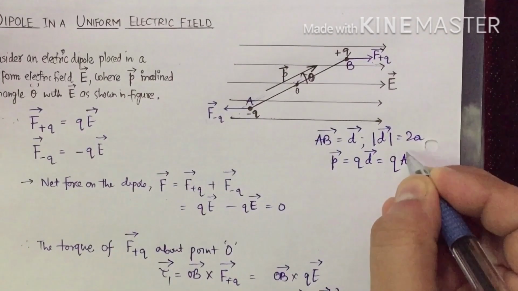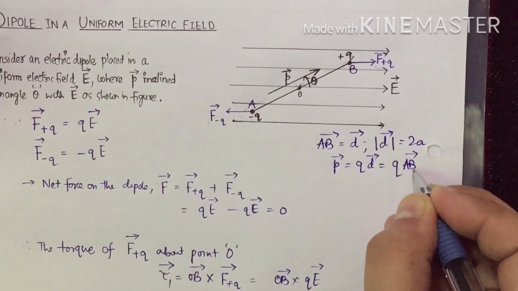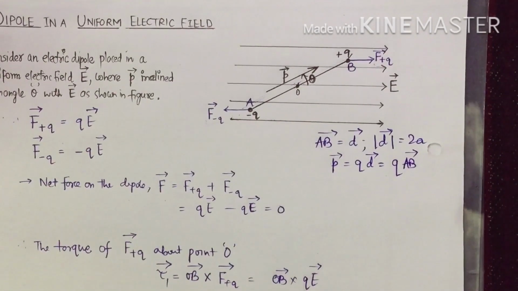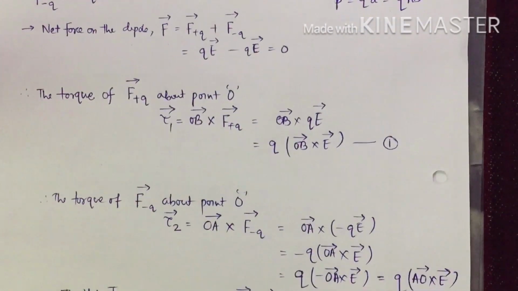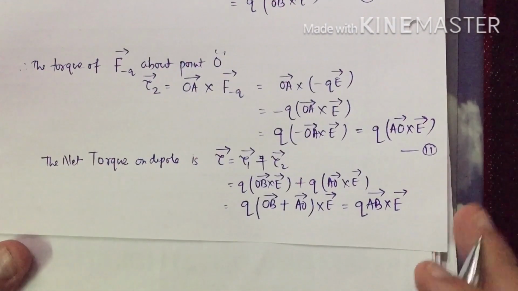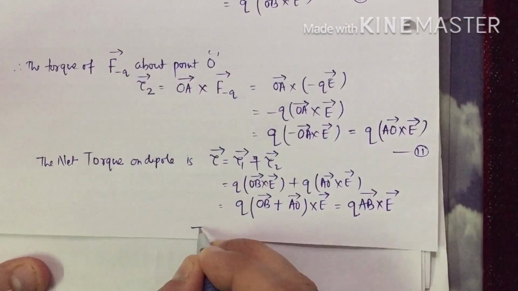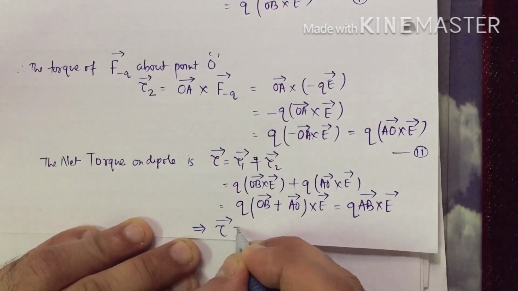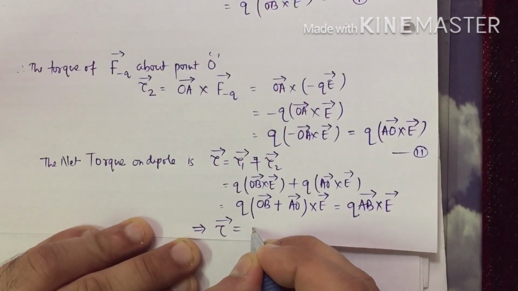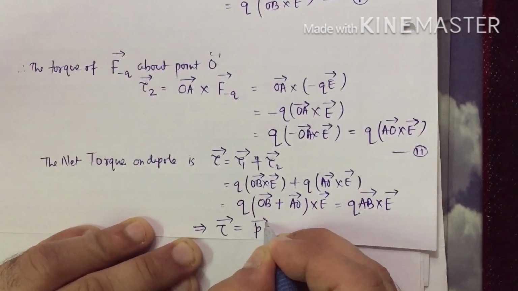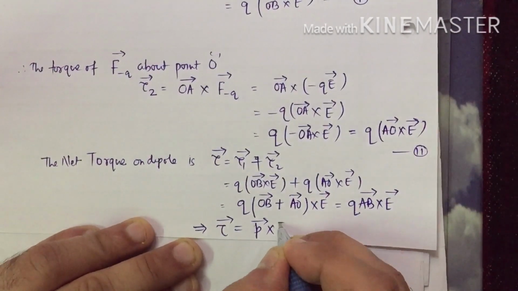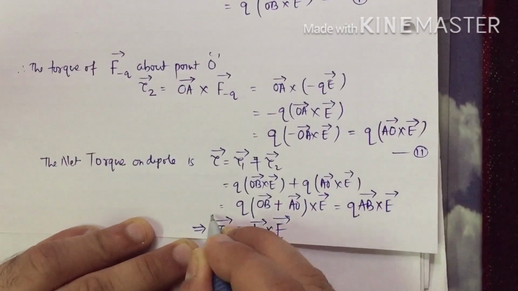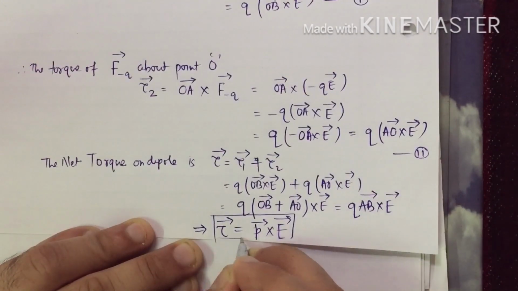This is AB vector. So we can substitute Q into AB vector as P vector, and therefore the torque is equal to Q into AB, which is P vector, cross your electric field vector. Tau is P cross E.